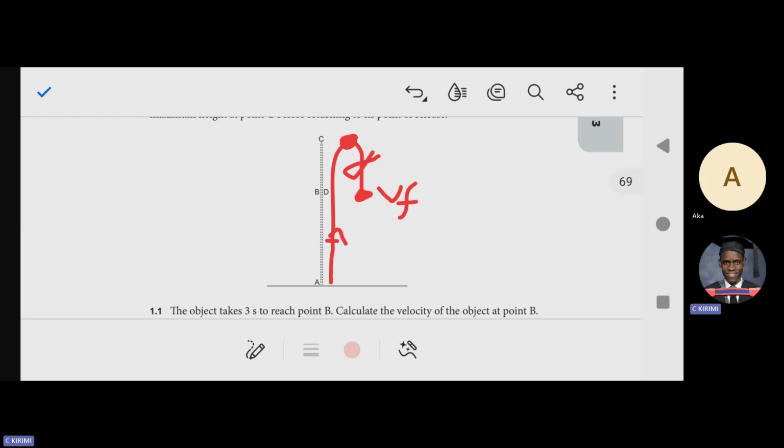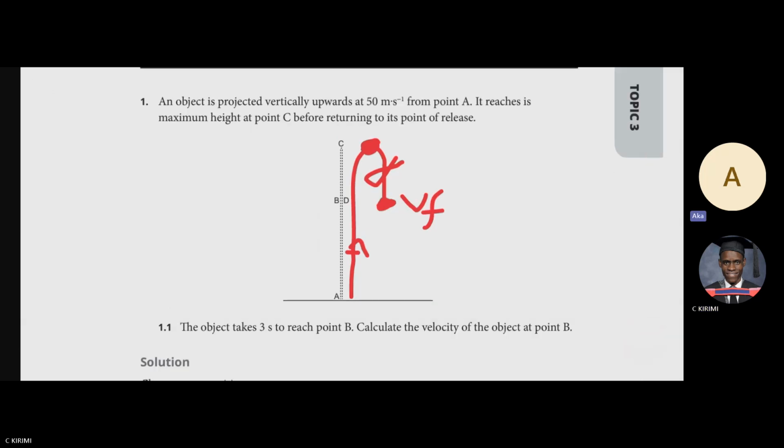I'll give you time to try this one. You tell us what is your velocity at point B, which is VF.